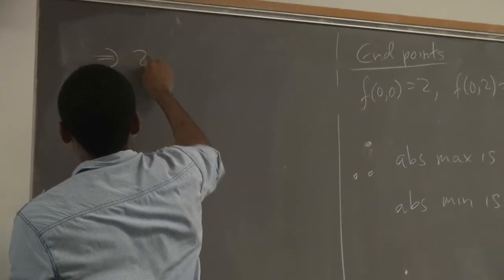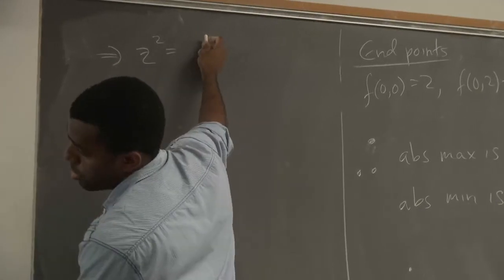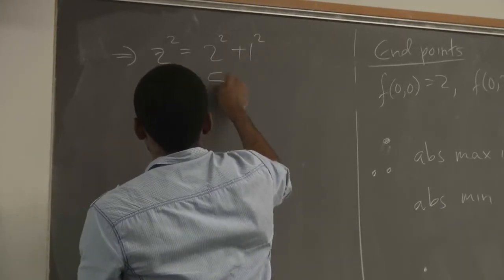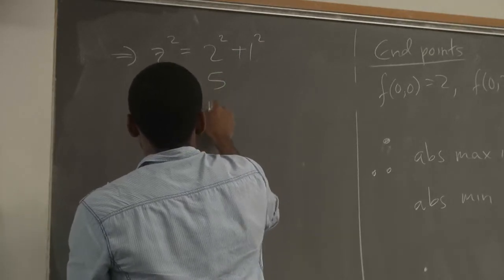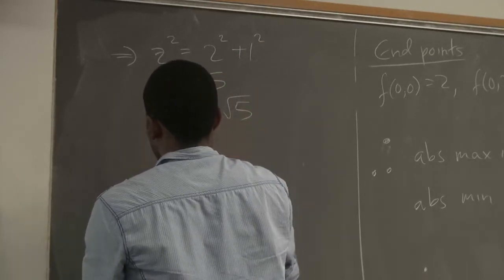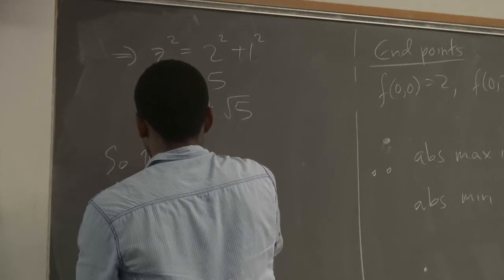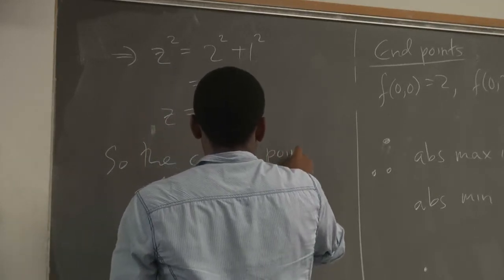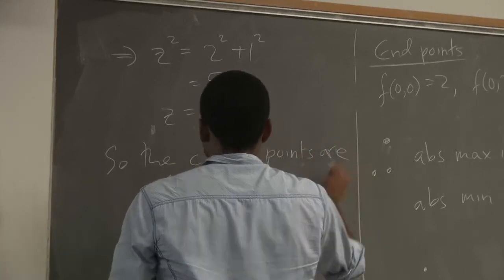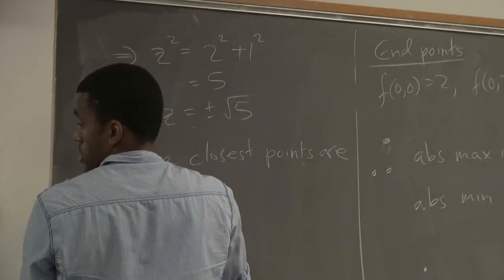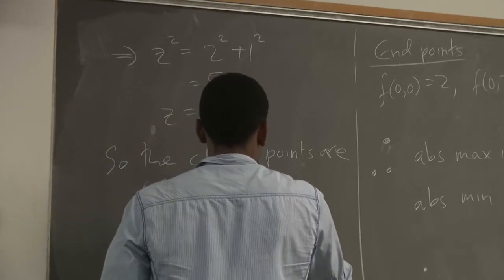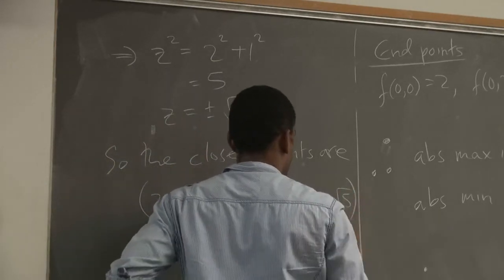This means that z squared is equal to 2 squared plus 1 squared, which is 5. And z is equal to plus or minus radical 5. So the closest points are (2, 1, radical 5) and (2, 1, minus radical 5).